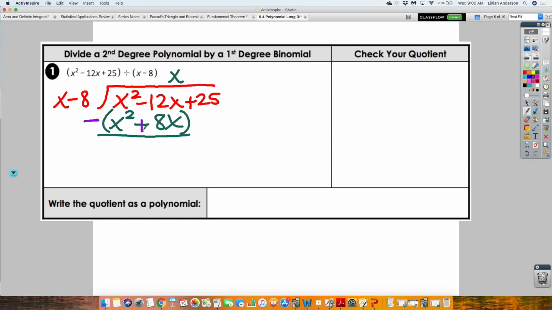Okay? That's what you're essentially doing. Change this, change this. What's x squared minus x squared? 0. What's negative 12x plus 8x? Negative 4x. So I subtract, and then I bring down my next term, just like before.